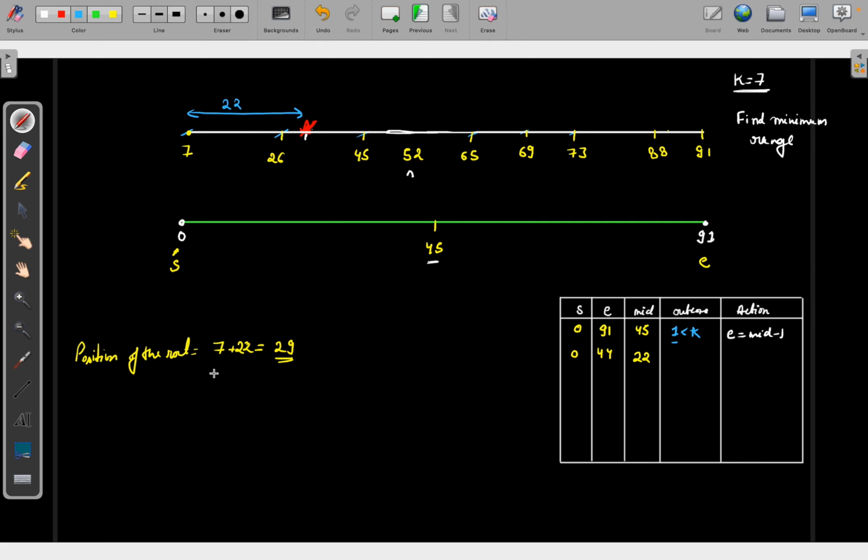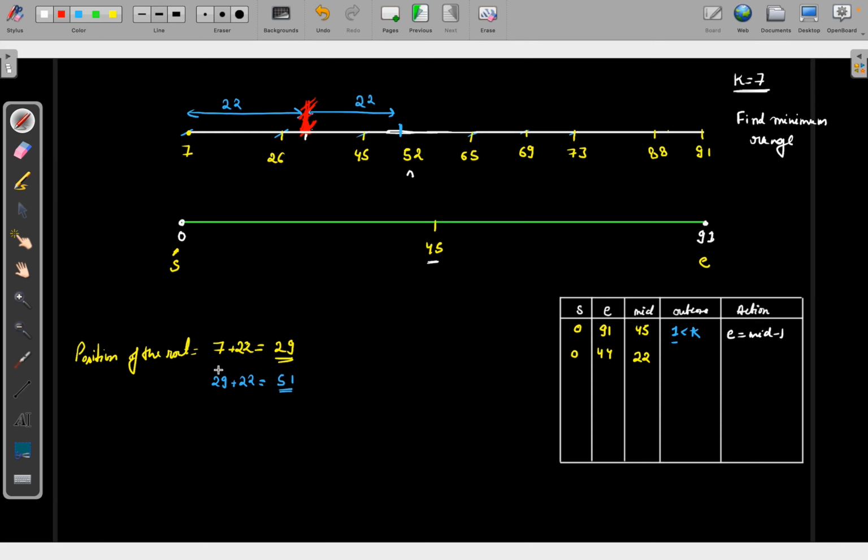Basically, what is the position? 29 plus 22, that will be the last point of range. So it will be, I guess, 51. 29 plus 22 is 51, so it will be around here, 22 here. In that case, let me make this router a bit like this.